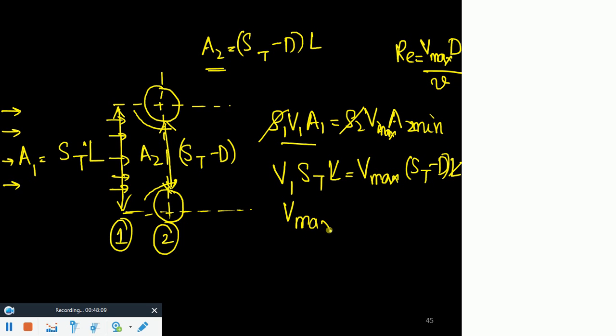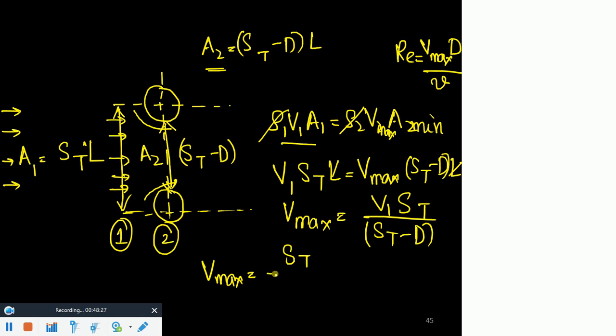So V max equals V1 times ST over ST minus D. So V max is basically dependent on this transversal pitch. This is how you find out V max.